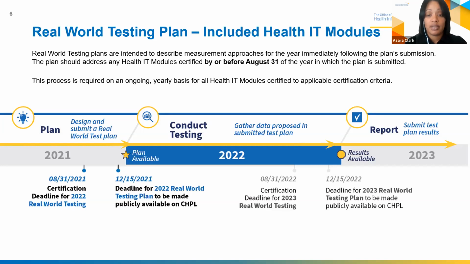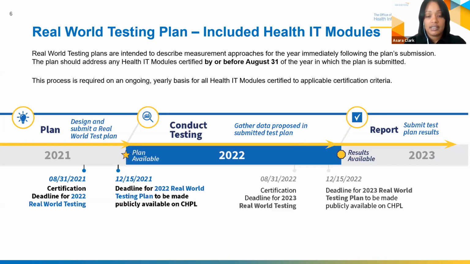Okay, so the year that you submit your plan is going to address the following calendar year in which you'll perform your real-world testing activities, okay? Now, all health IT modules that have been certified as of August 31st of the year you're submitting your plan must be included in that plan that addresses your activities for the next year of real-world testing. All right, this process is required on an ongoing yearly basis, okay? So this is a rolling cycle.